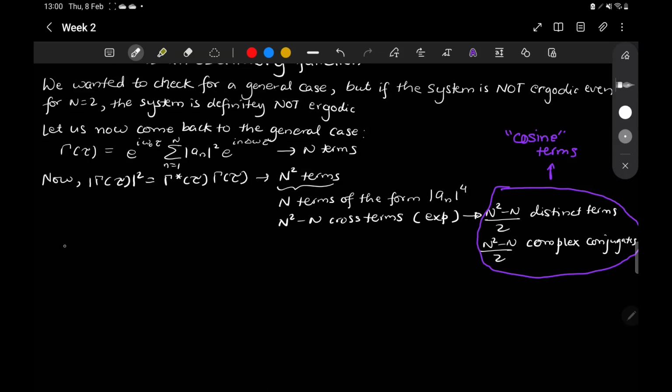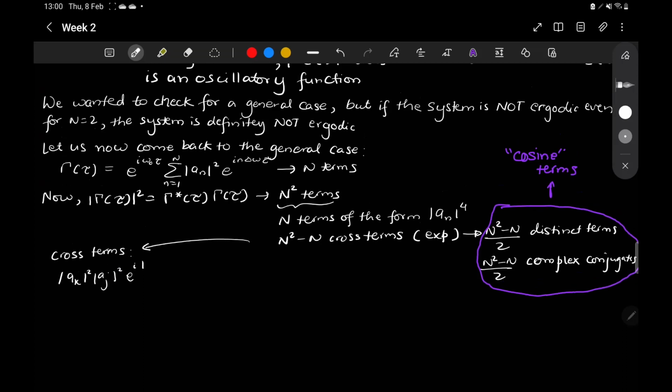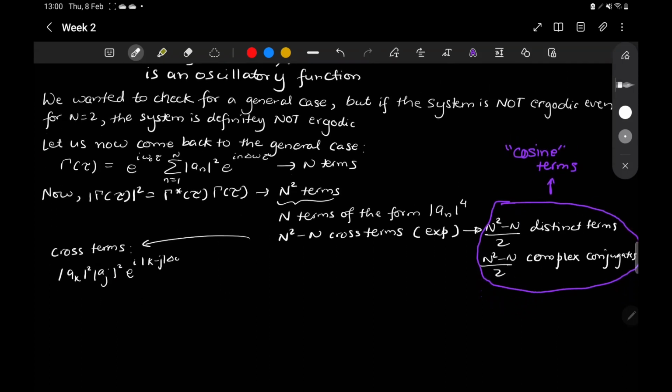They will look like, so I'm writing these cross terms here, mod a_k squared mod a_j squared, and this we will combine and it will give us cosine.